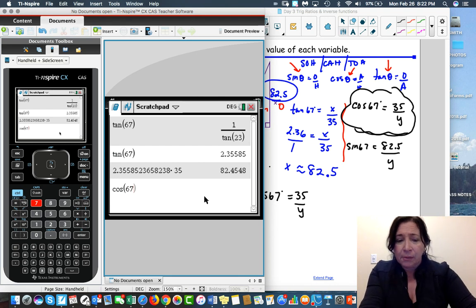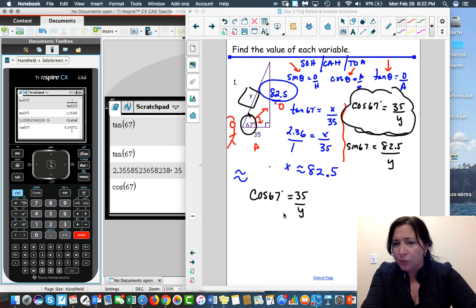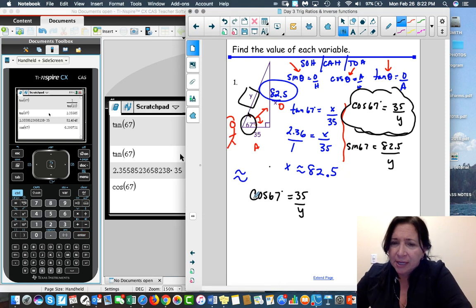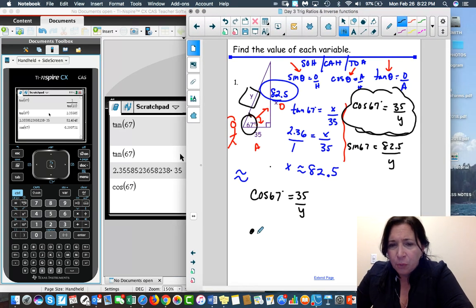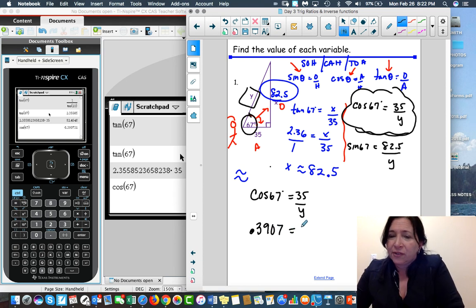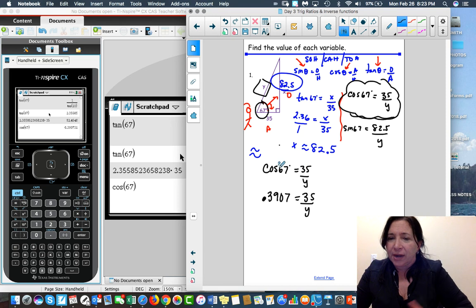Again, remember, you hit control and then enter, and it gives me an approximate value, 0.3907. Generally, when you're taking approximations, you go tens, hundreds, thousands, ten-thousandths. You go four decimal places, and that gives you a more accurate answer. The more decimal places you keep, the more accurate your answer will be.